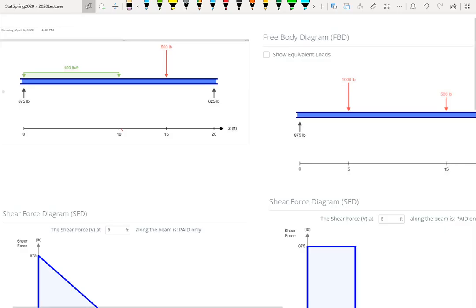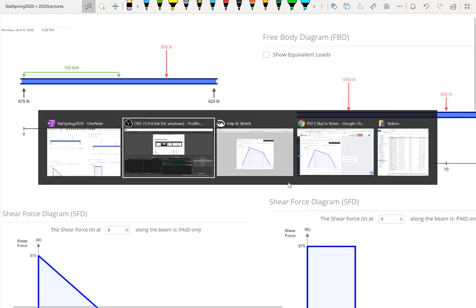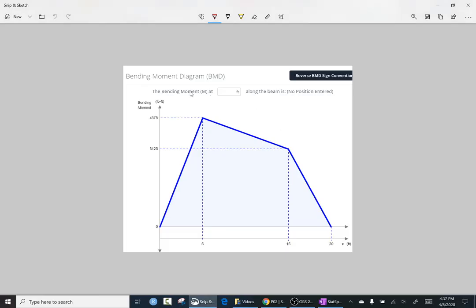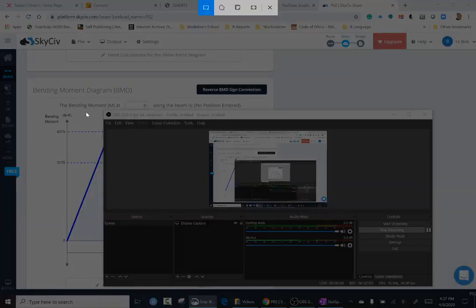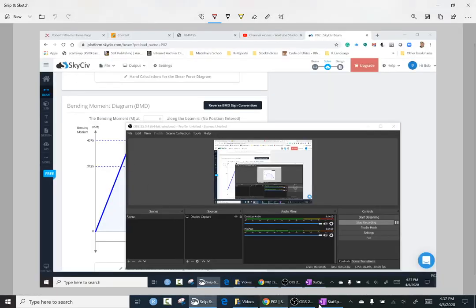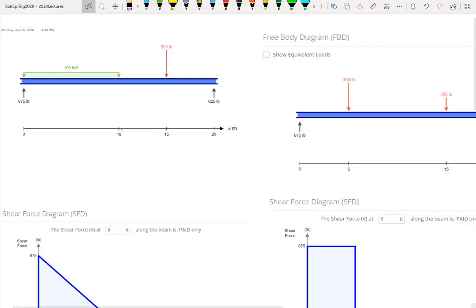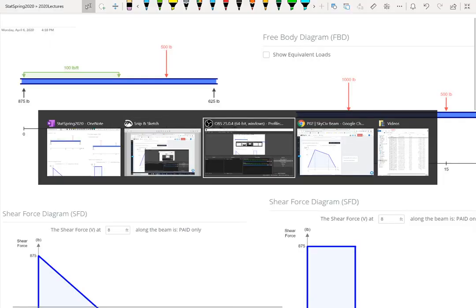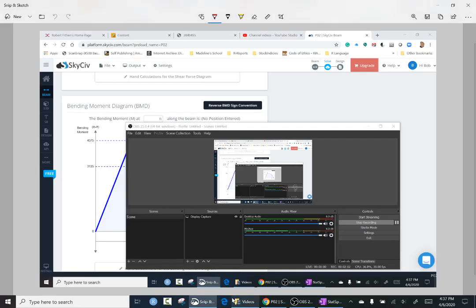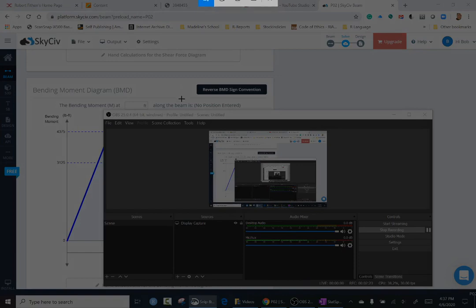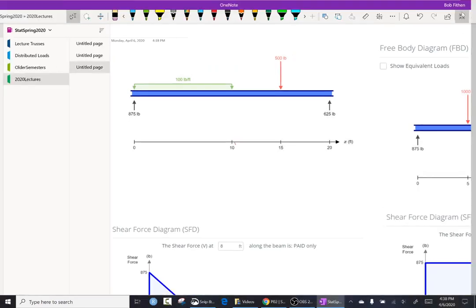What we're going to do, I want to do a snip. That's not really what I want. I want to see that. Snip. Let's do a new one. Oh, still going to be goofed. So here's what I've got to do. I'm going to come off full screen.